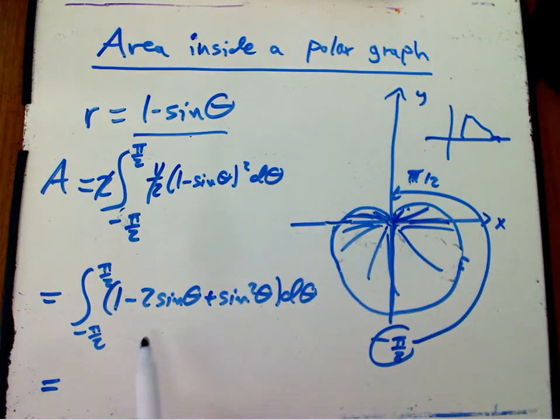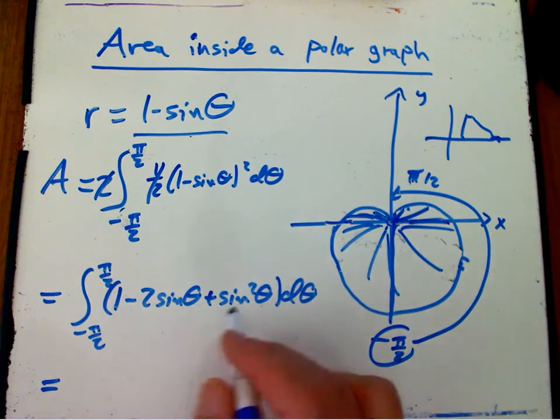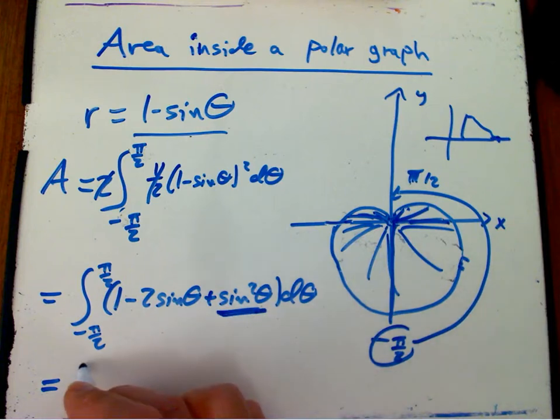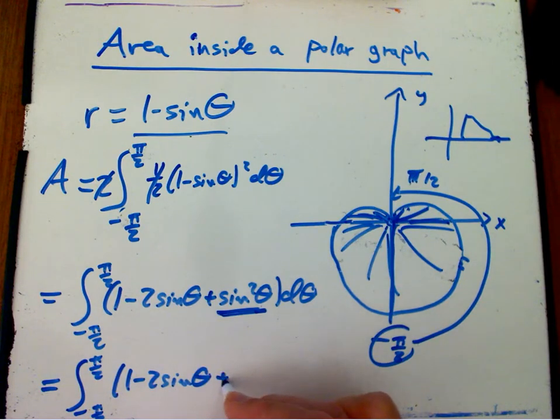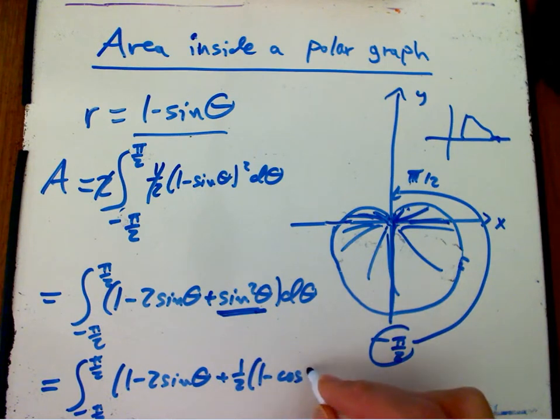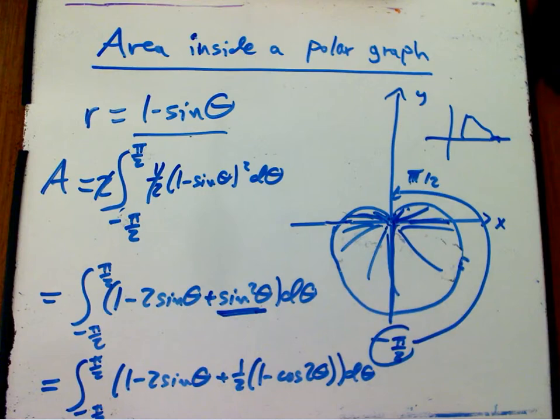Okay, and so each of those is going to integrate in a little bit of a different way. This, you need the power reduction or some other equivalent observation. So let me just do that real quick before I integrate it all. And so that's plus 1/2 of 1 minus cosine 2 theta, all d theta.